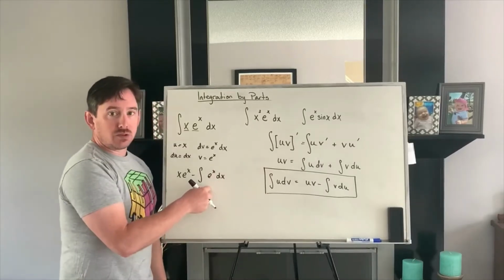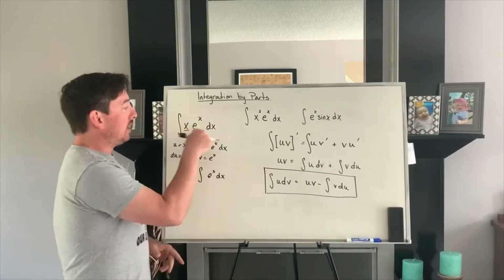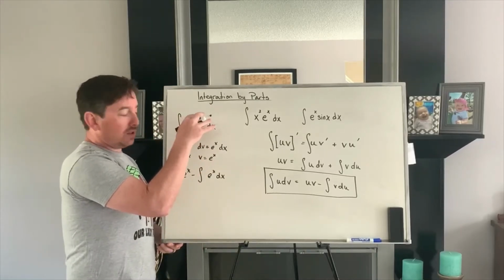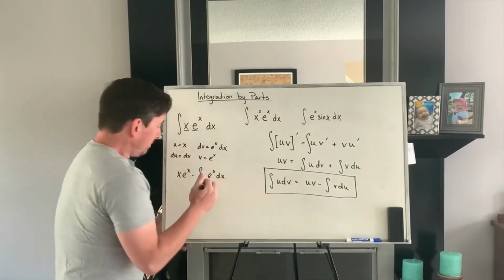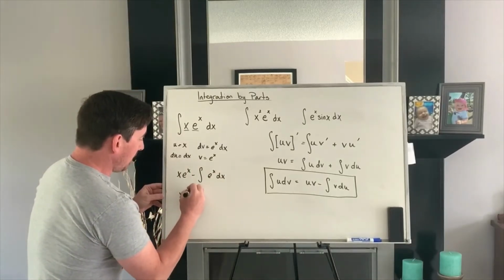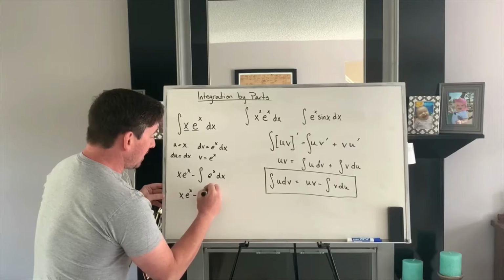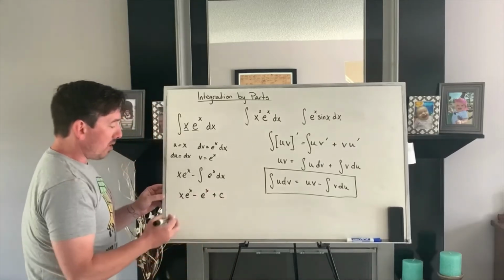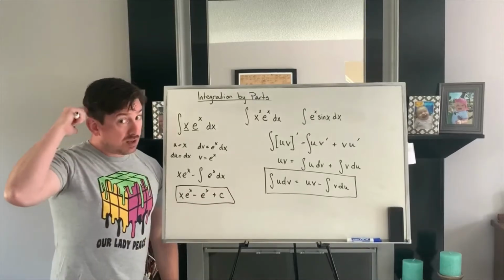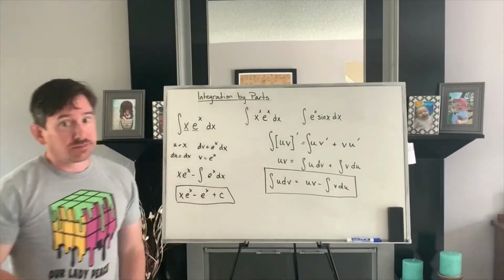And this is an integral that you can handle. We couldn't handle it really without doing all this work the way that we started, but this integral is simple. The integral of e to the x is just e to the x, so x e to the x minus e to the x. Now we'll throw on our plus c and we're done. Again, you can factor out the e to the x, but you really don't have to. So there you go.